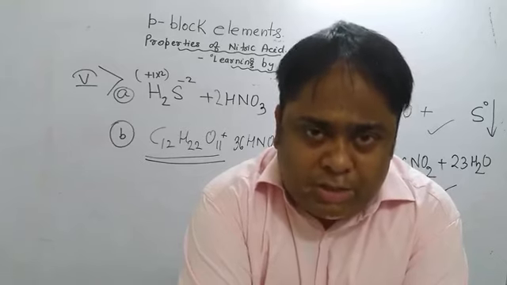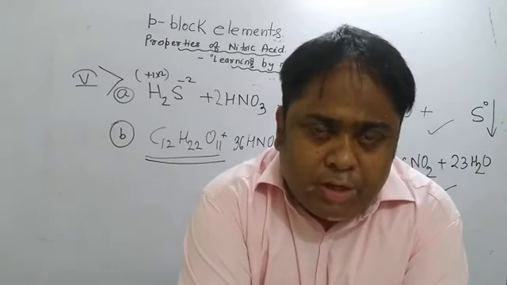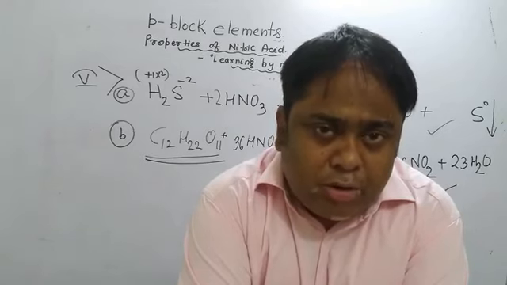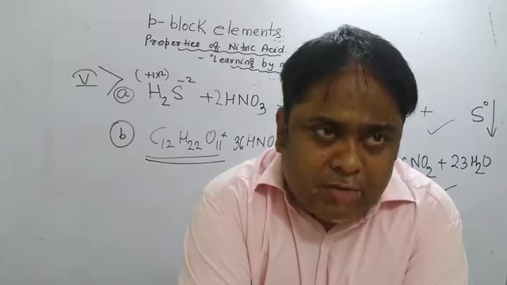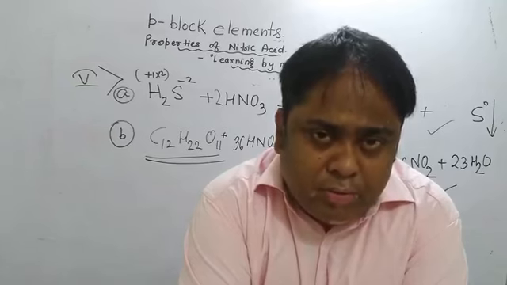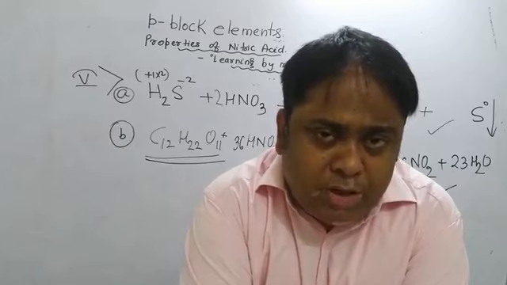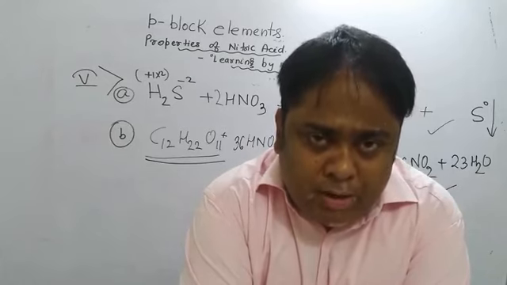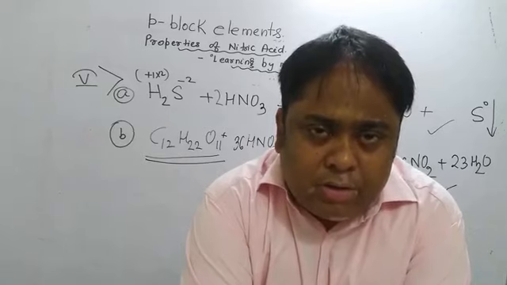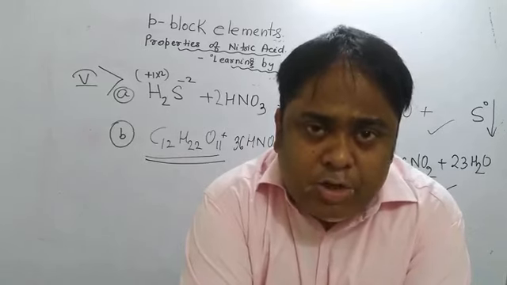I am referring to the chapter Solutions. When a binary solution is formed by mixing two solvents, then at a particular concentration, the boiling points of both the solvents become equal, and such a solution is called an azeotropic mixture.